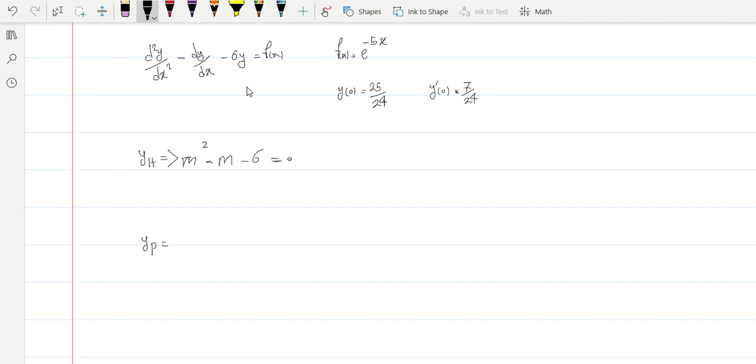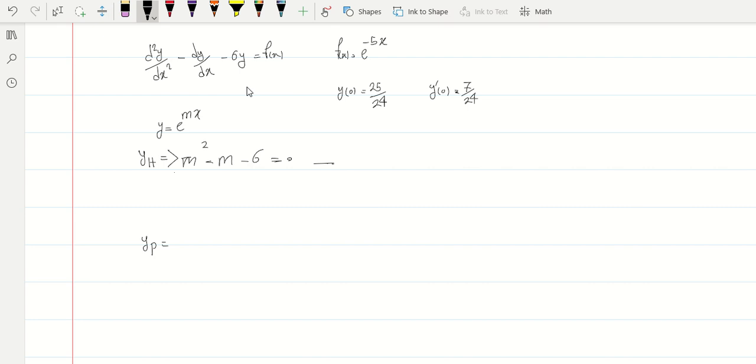We know that the general format for the homogeneous answer would be y is equal to e to the power of mx. So I just substituted this value into the second order differential equation. And after substituting and dividing both sides of the equation by e to the power of mx, it would give me this characteristic equation.